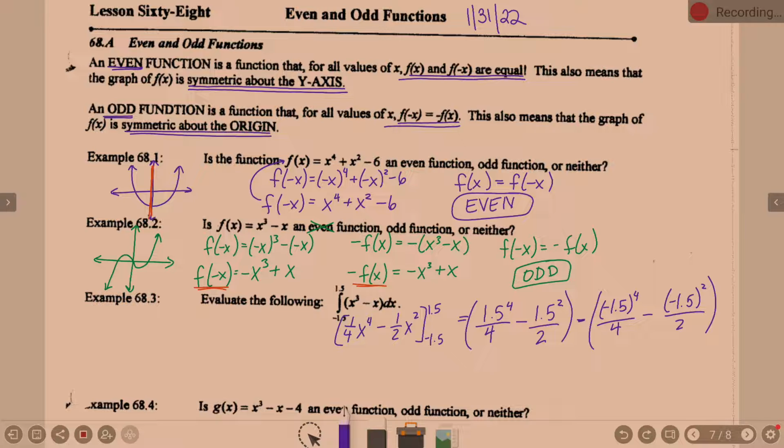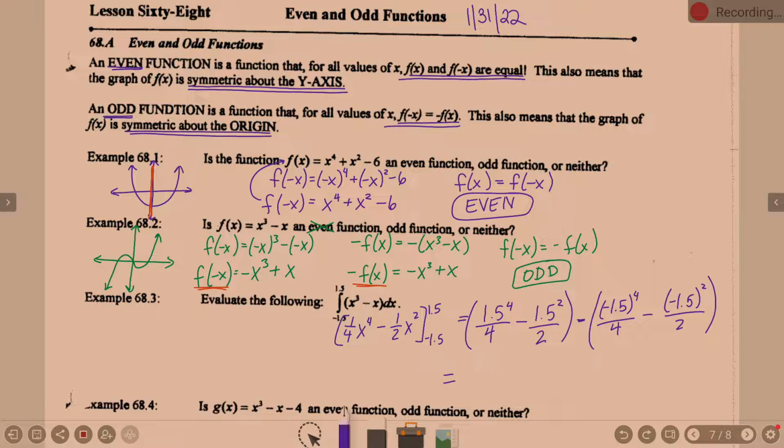So negative would make that positive, right, on the other side eventually. This will come out of the negative, right? Or no, it won't, because they're even. Because I'm going to argue we can do this one without the calculator.